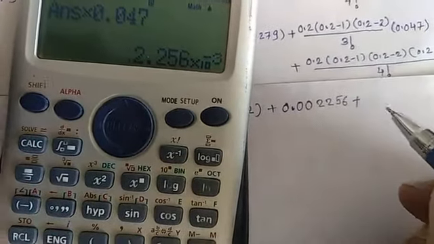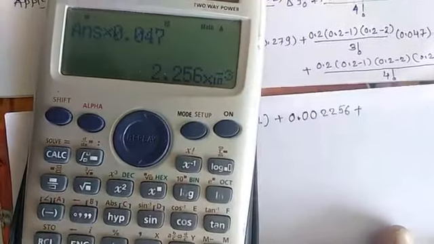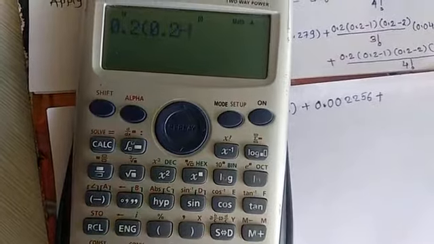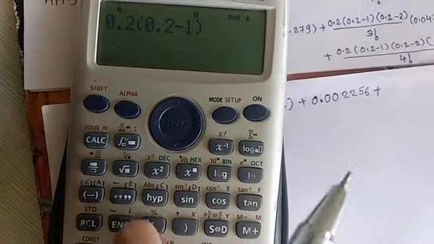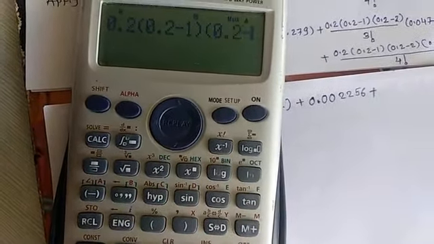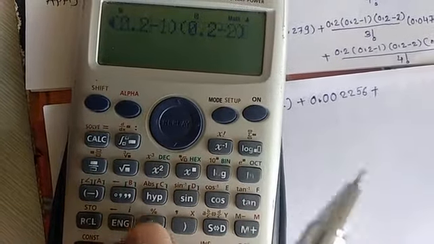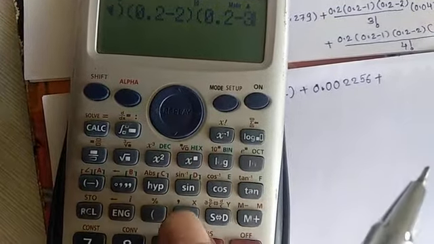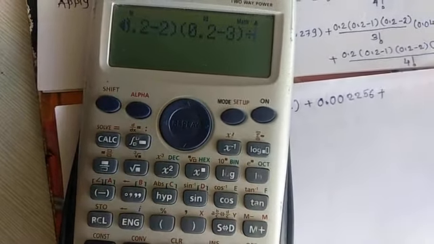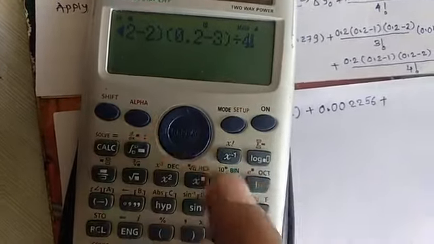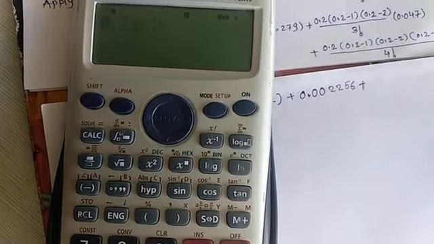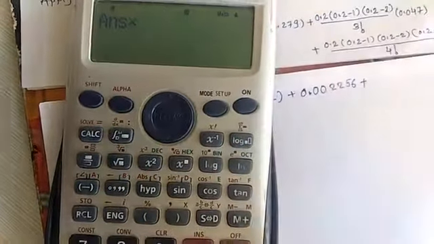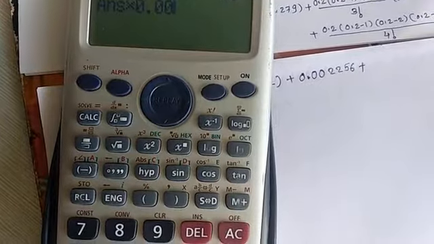For the last calculation, the same process: 0.2 into (0.2 minus 1) into (0.2 minus 2) into (0.2 minus 3) divided by 4 factorial, which is a fractional value, and we have to multiply it by 0.002.